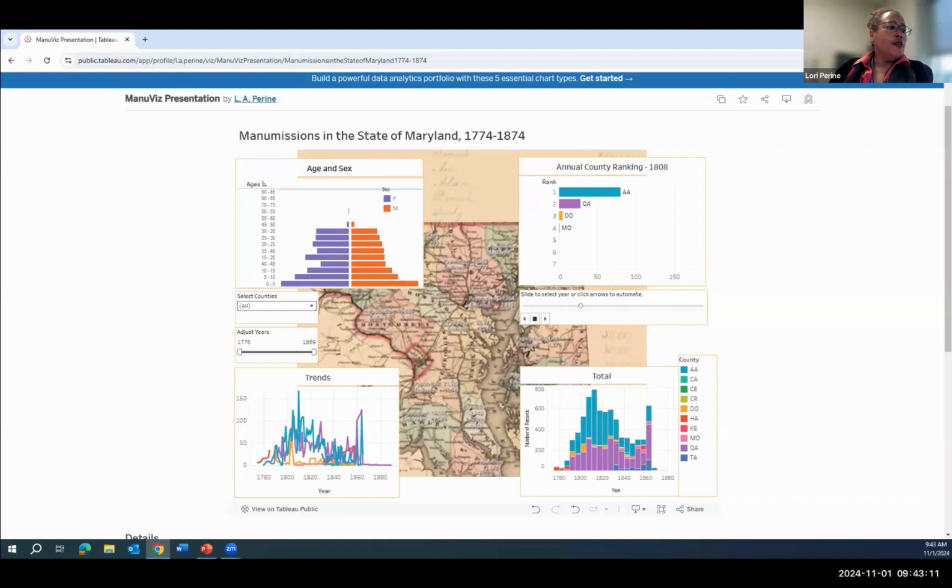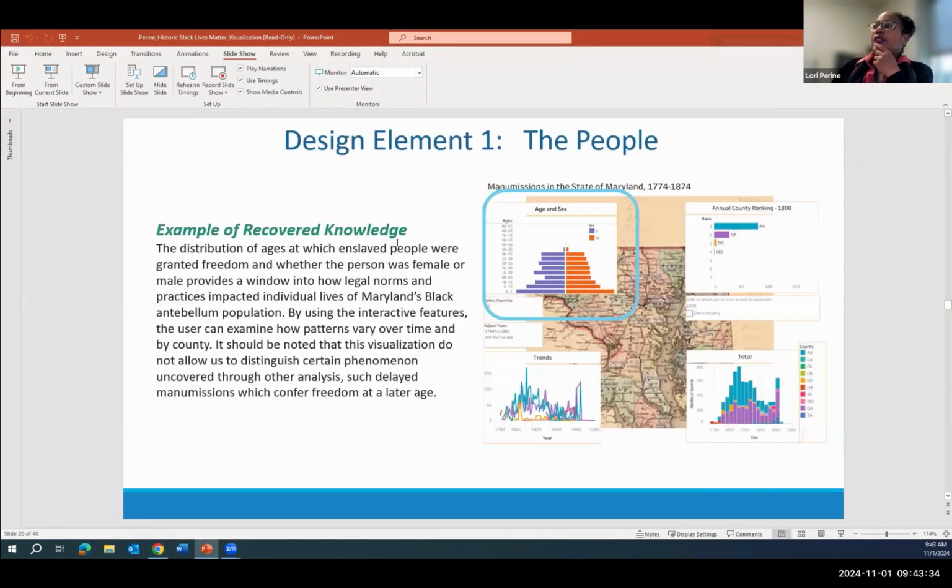One of the things that we remember, part of the reason for doing this, is to recover knowledge, as we said. And so one of the things that we discovered during this, if you'll excuse me, I'm going to put this back over for just a moment. So one of the things that we discovered doing this is that we were able to look at the interactive features there to look at patterns and how that distribution of ages changed and varied over time.